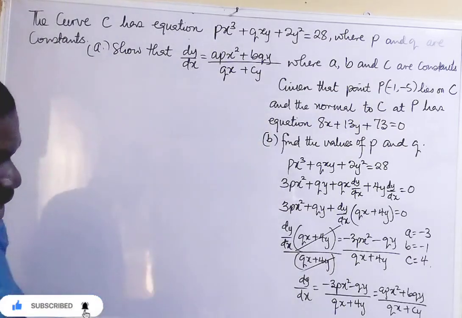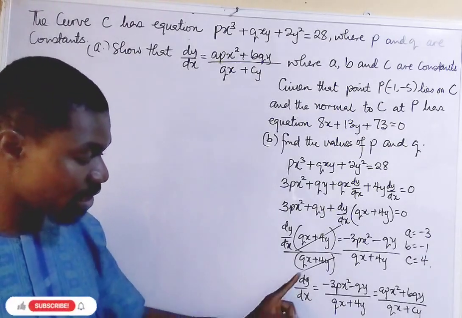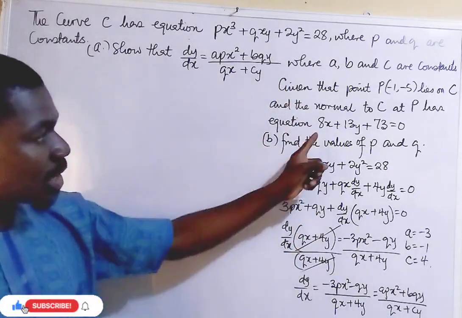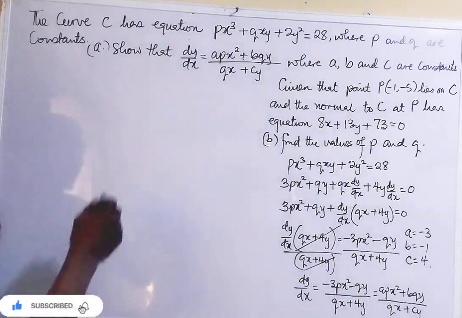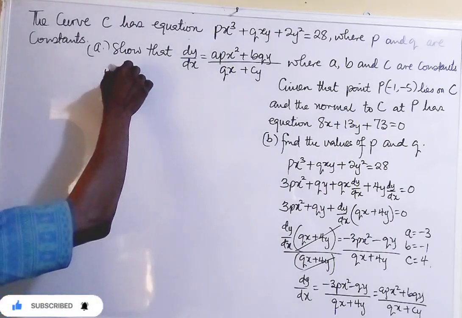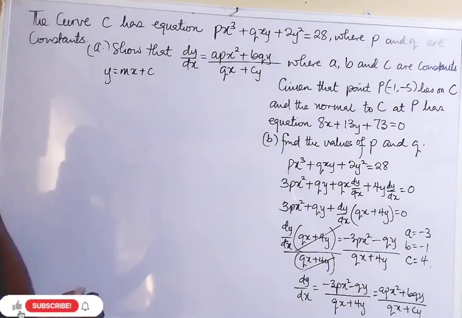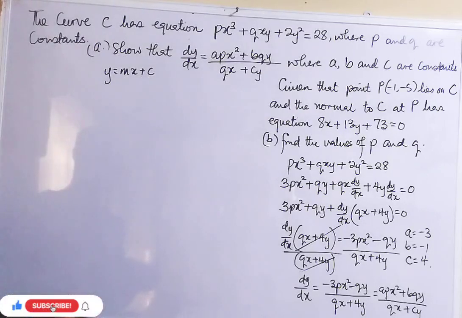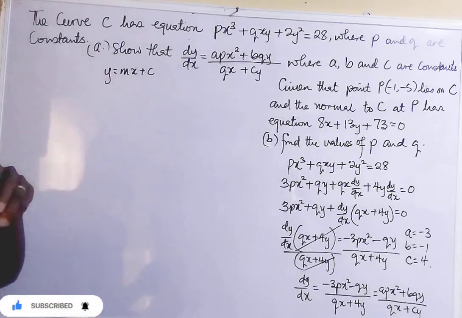Here dy/dx represents the gradient for the curve. But in this case, let us find the gradient of the line. To find the gradient of the line, let us represent it as y equals mx plus c, where m tells us the gradient and c is the constant, which is the intercept on the y axis.